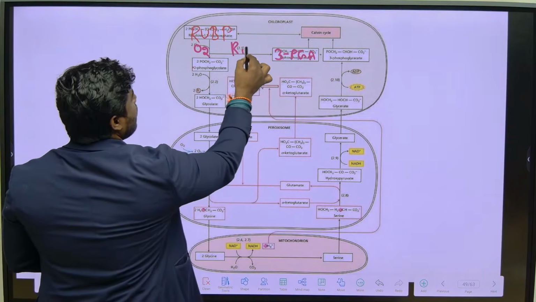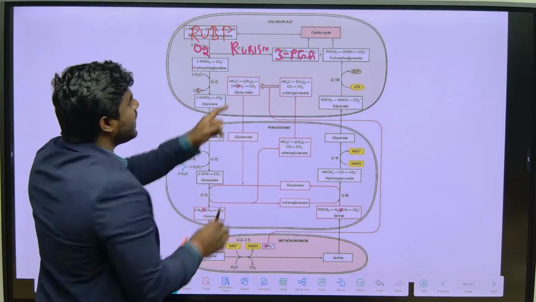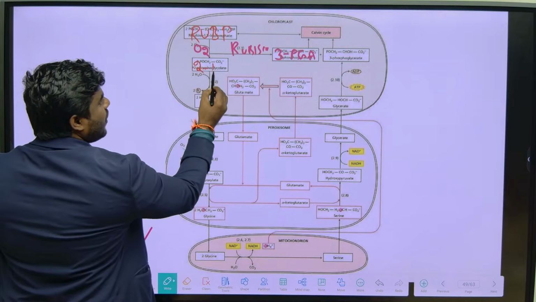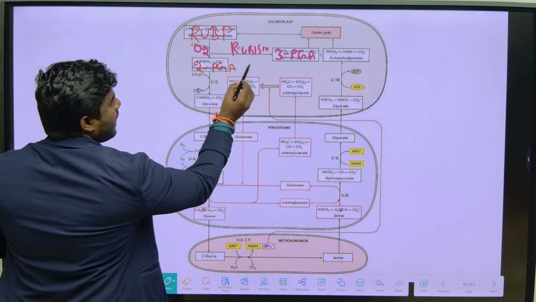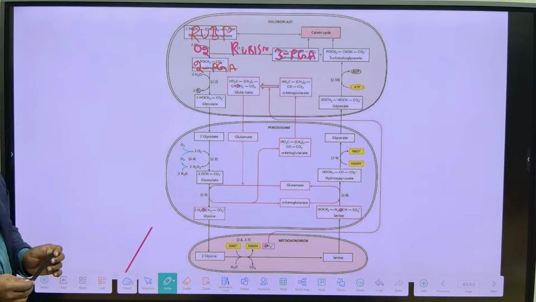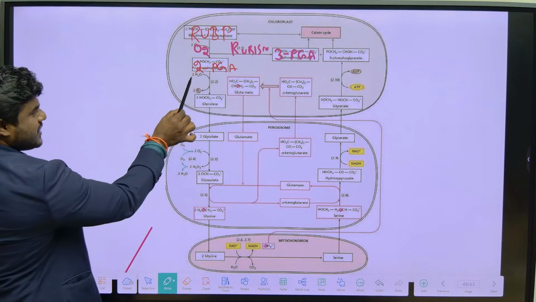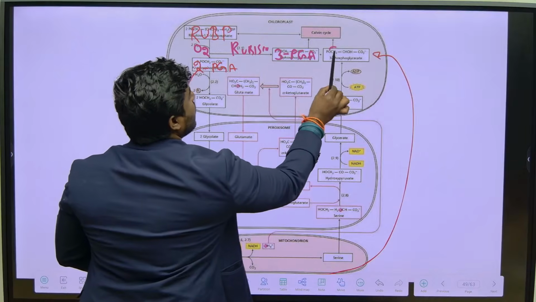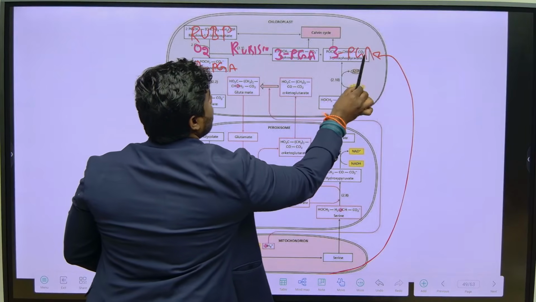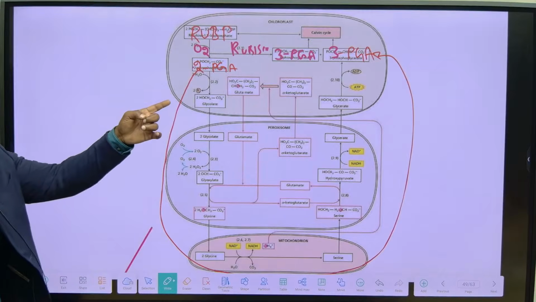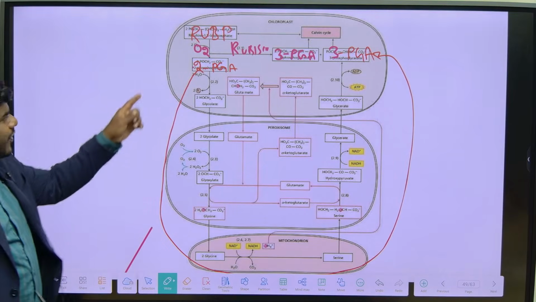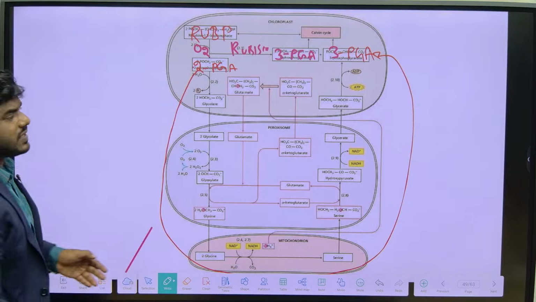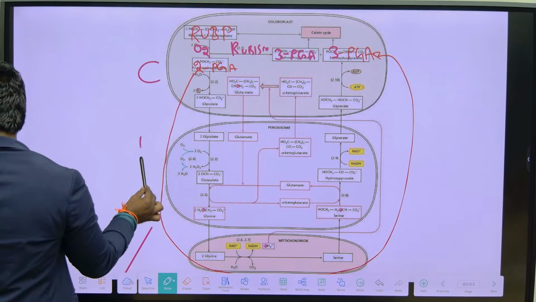In the presence of Rubisco, I will get 1 molecule of 3PGA, and what else? 1 molecule of 2PGA. That's all. Now what should I do? I have to bring this 2PGA back to 1 molecule of 3PGA, then only the Calvin cycle will be continuous. Correct? For this, there is an involvement of multiple organelles, which we generally call CPM.